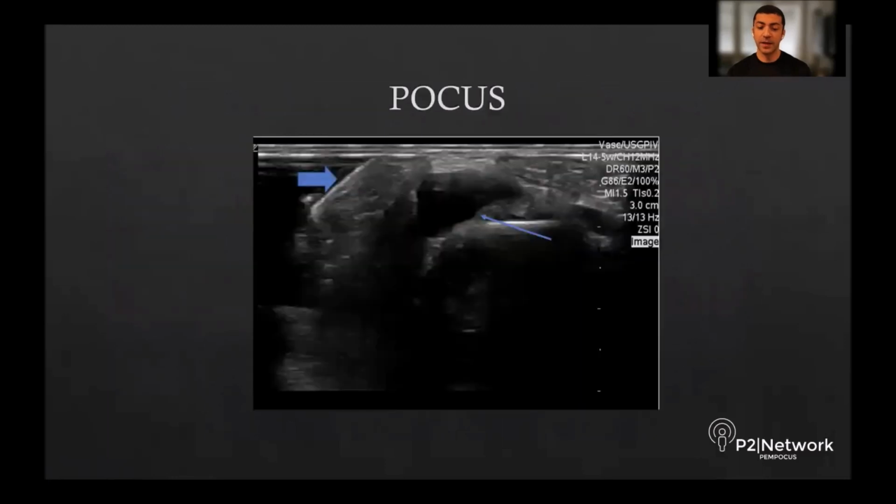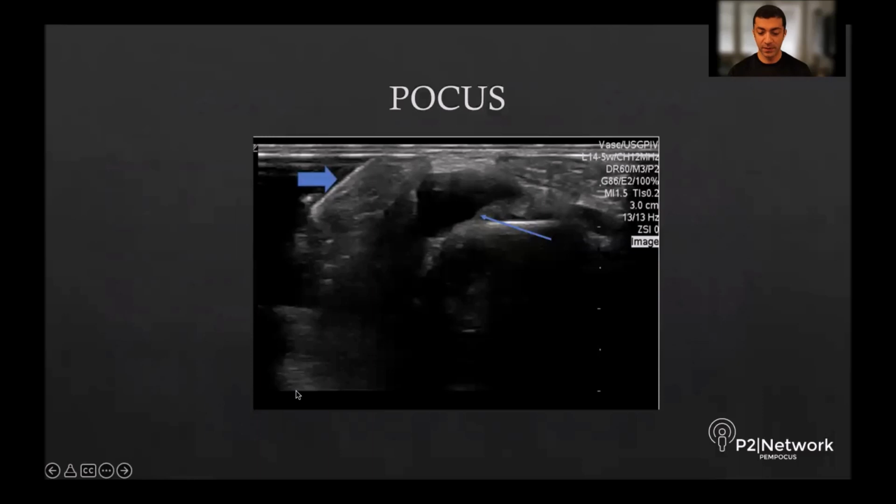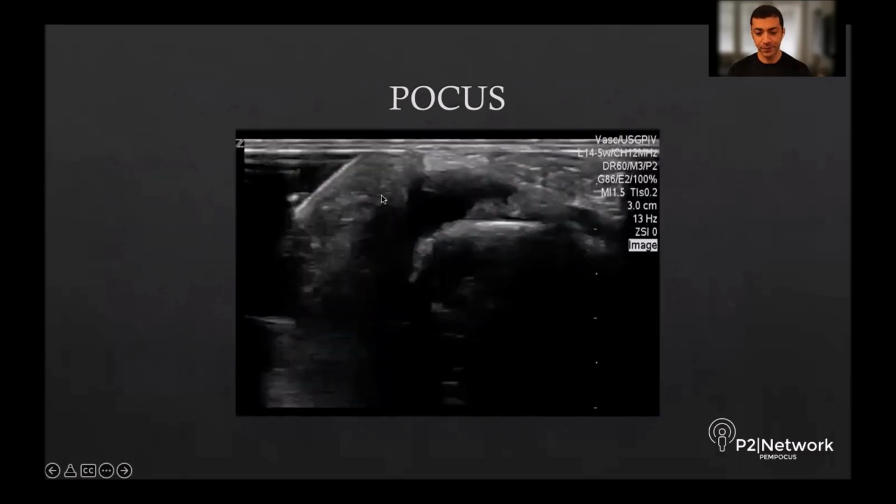As we went ahead and did an ultrasound of this lesion, we can see here in this still image, there is a hypoechoic or anechoic structure just underneath the skin and subcutaneous tissue and the superficial muscle. And there was some thickening of the superficial tissue there.